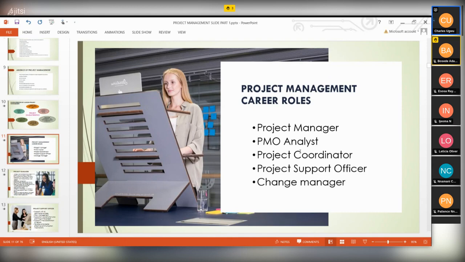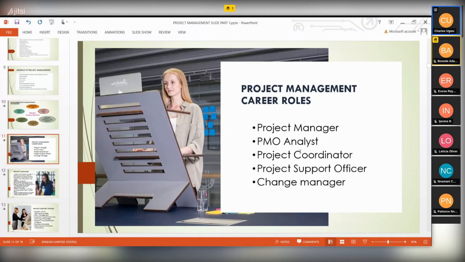But if you cannot be a project manager, there are other things you can do after this program. You can be a PMO analyst, which is still a very powerful post in the project management industry.